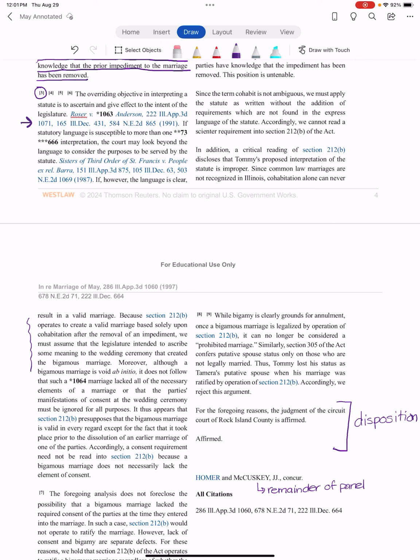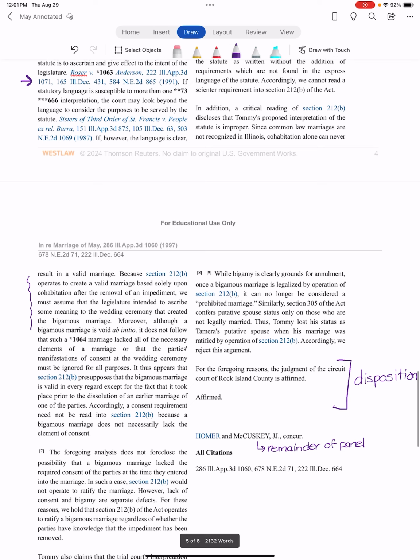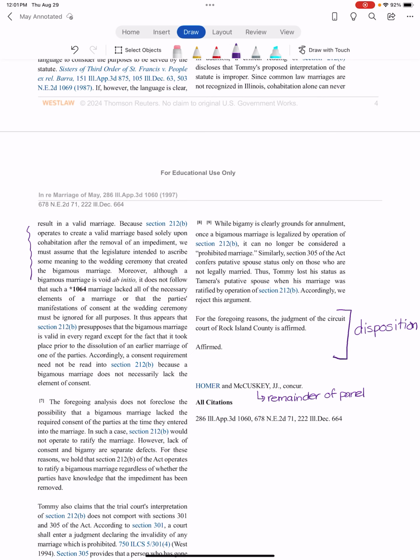Since it couldn't create a marriage alone, because Illinois doesn't recognize common law marriage, we can use that marriage ceremony to satisfy the intent required to make this a valid marriage. Here's some more important rules.